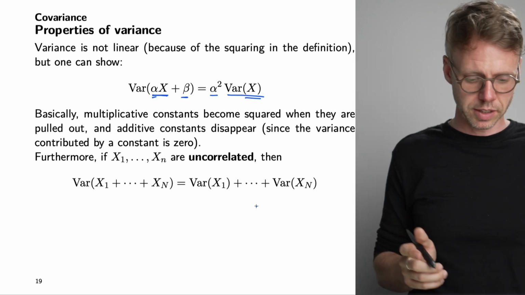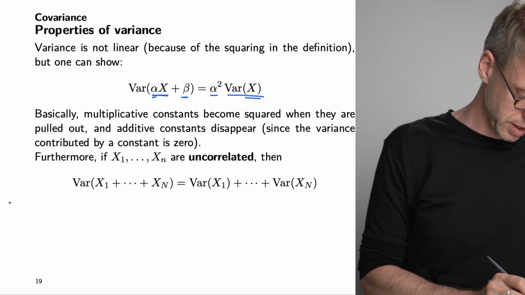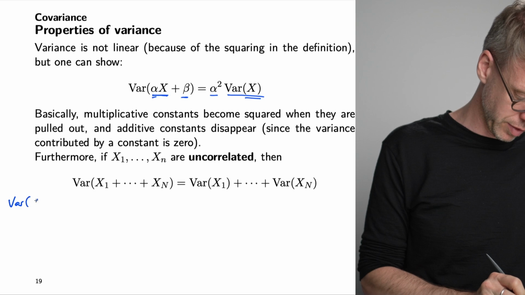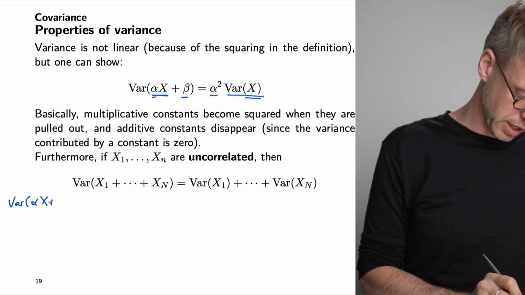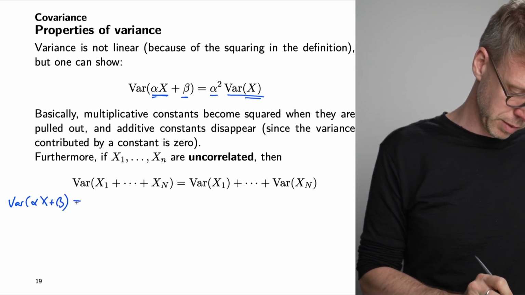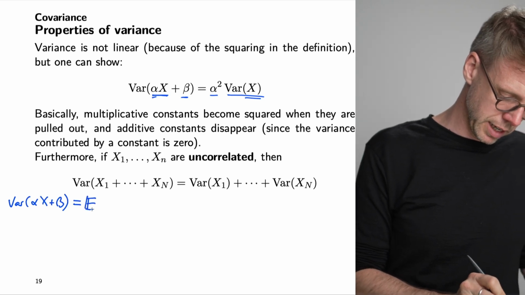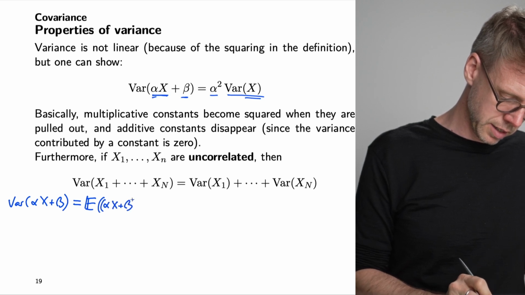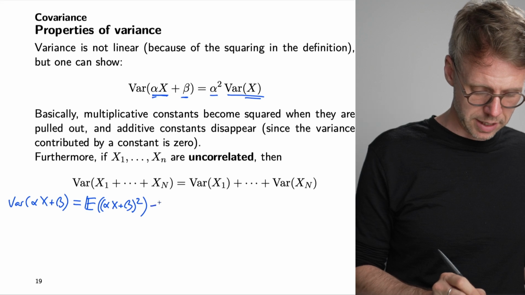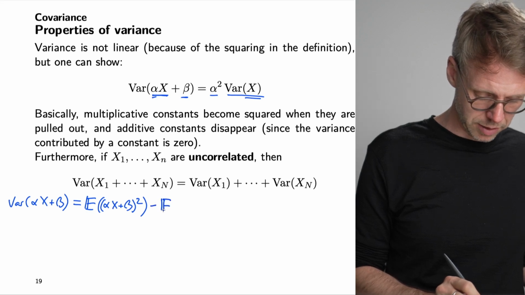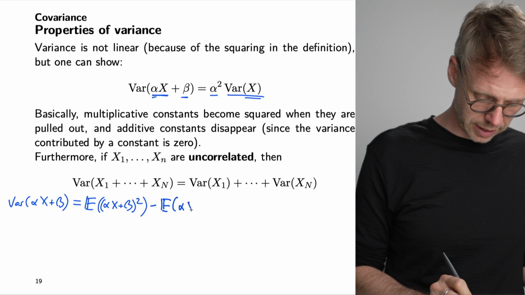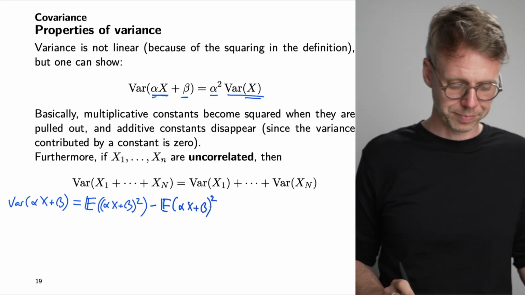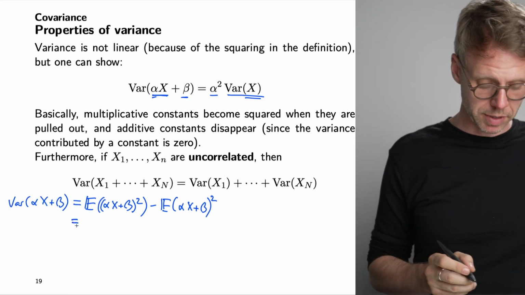Let's briefly prove this. So the variance of alpha x plus beta is equal to the expected value of (alpha x plus beta) squared minus the expected value of alpha x plus beta, squared. Now we can expand these terms.